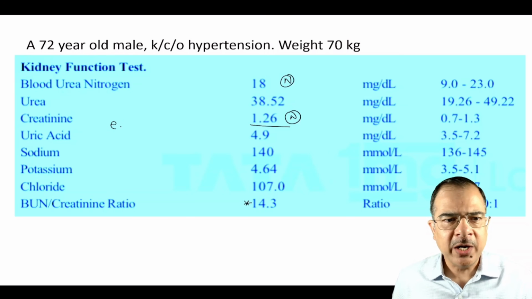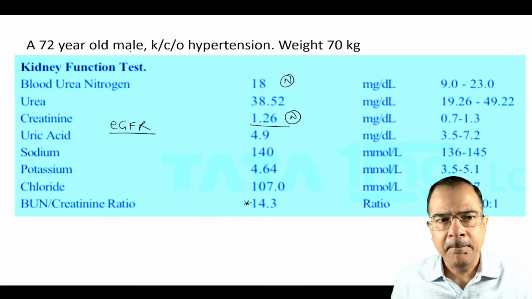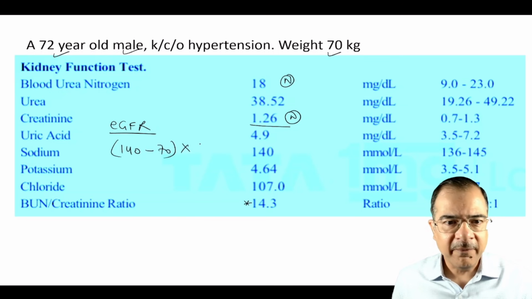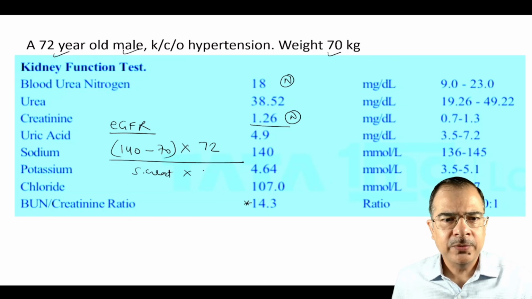But my question is, what is the estimated GFR in this patient? Male patient, 72 years old, and weight is 70 kg. So we take 140 minus age of the patient, multiply it by the weight of the patient, then divide it by serum creatinine into 72.